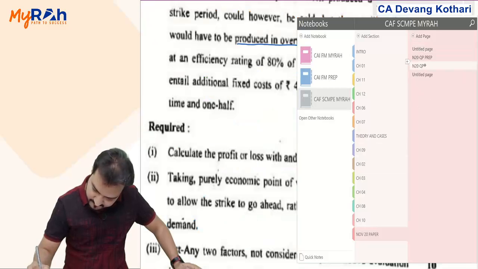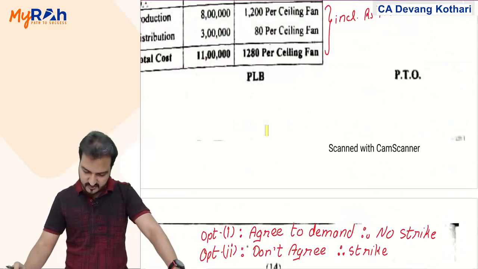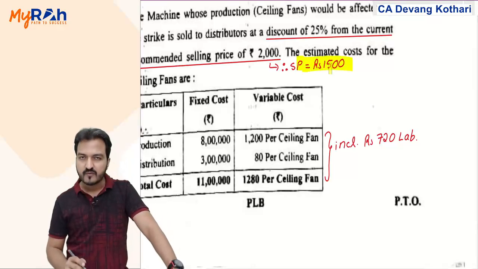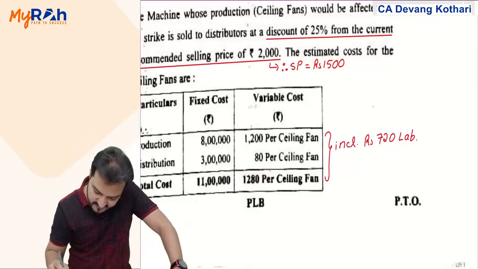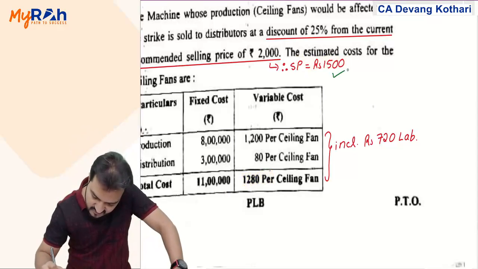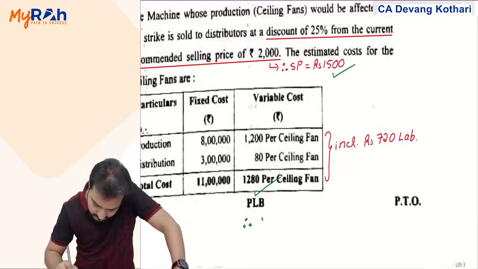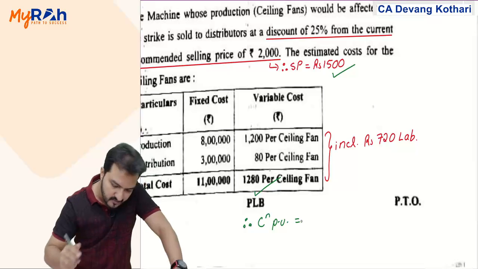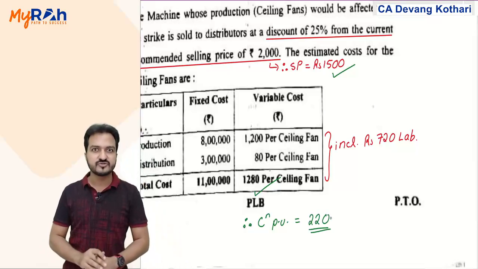The selling price that I am getting is 1,500, and my basic variable cost is 1280. Selling price 1,500, total variable cost 1280. Therefore, contribution per unit is 1,500 minus 1280 is 220. This is my existing contribution per unit.